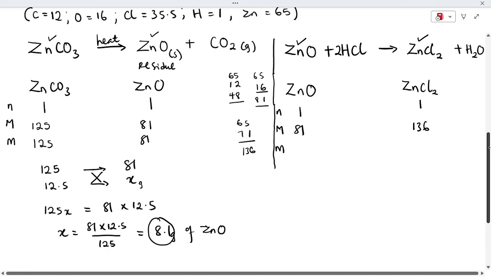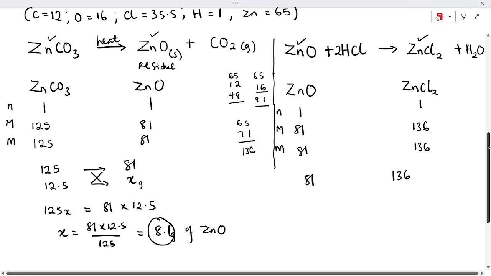To get the mass, therefore, the number of moles times the molar mass, 1 times 81 is 81, and then 1 times 136 is 136. So what we simply do is then, from our chemical equation that we have interpreted, 81 grams of zinc oxide produced 136 grams of zinc chloride.